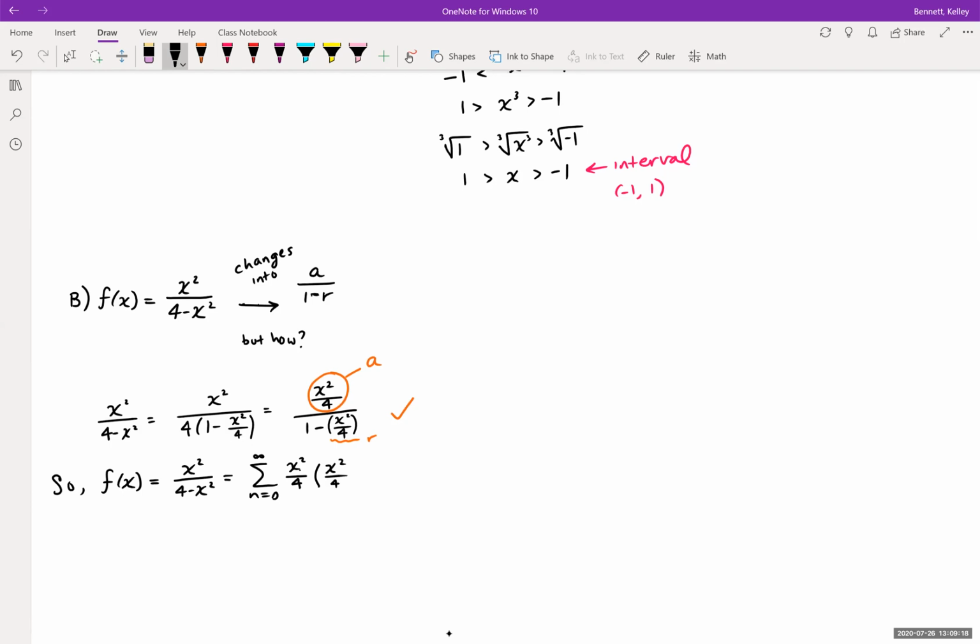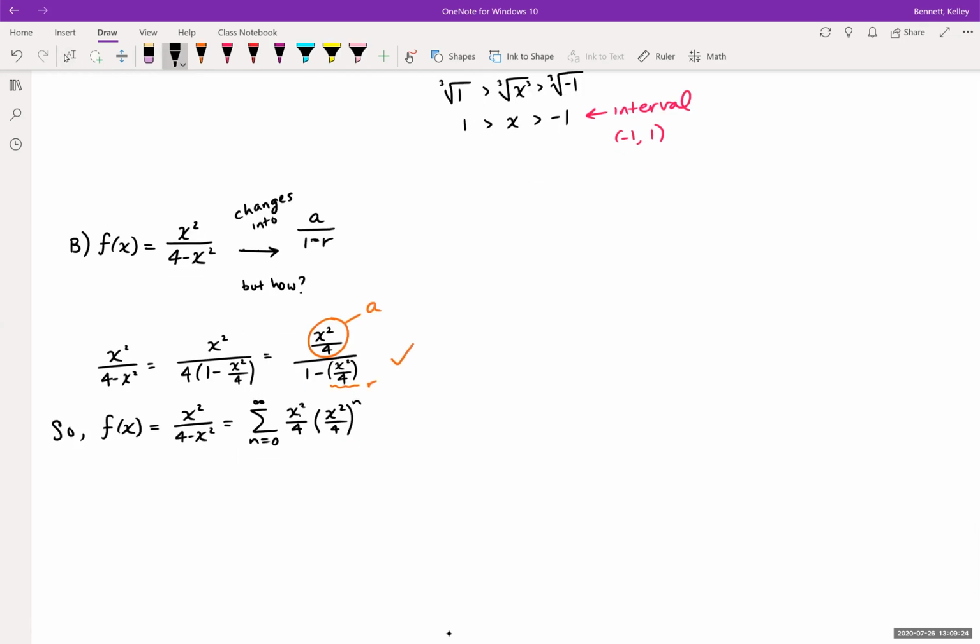X squared over 4 to the n, right? So this is expressing this right here. If someone said, hey, can you write f of x as a power series? This is your answer, right? You can simplify that a little bit, sure, but this is the power series that represents f of x.